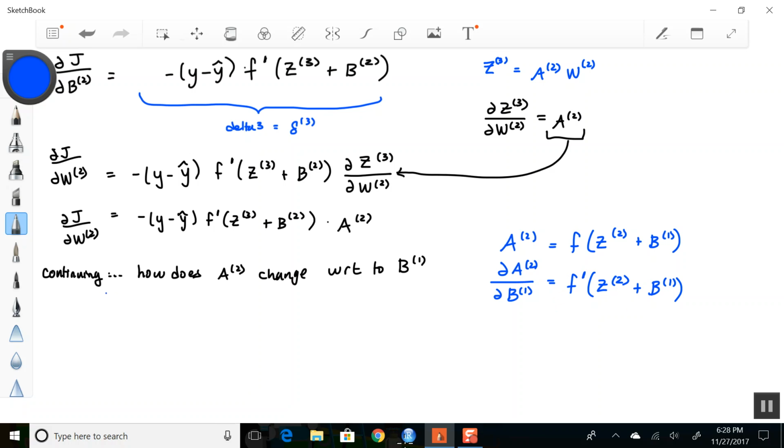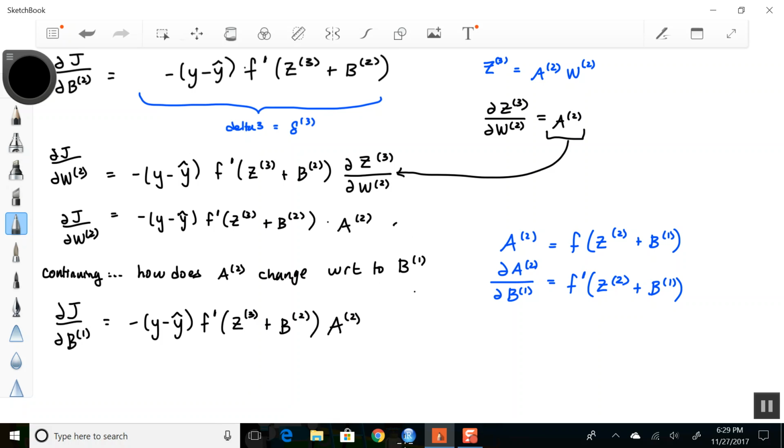And then we would just plug this in up here. So we'd get dJ, dW, not dW, the first bias matrix, dB1, is going to be y minus y hat times f prime of Z3 times A2 times the partial of how A2 changes with respect to B1, and we'll plug this in right here.